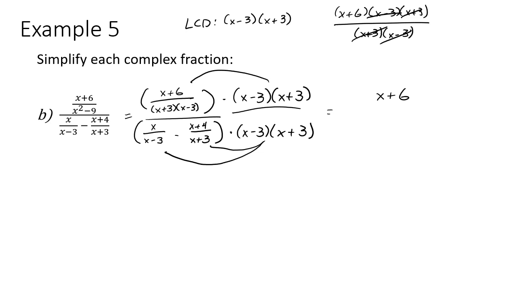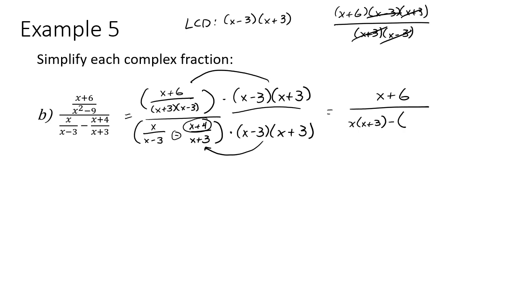For the denominator, when we multiply this through to the first term, the x minus 3's would cancel. So the denominator's gone completely, and we would be left with x times the x plus 3. And when we multiply it into the term on the bottom right, the x plus 3's would cancel, and we would be left with, and be careful, there's a minus sign here.